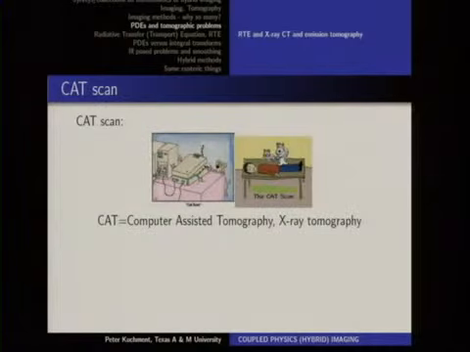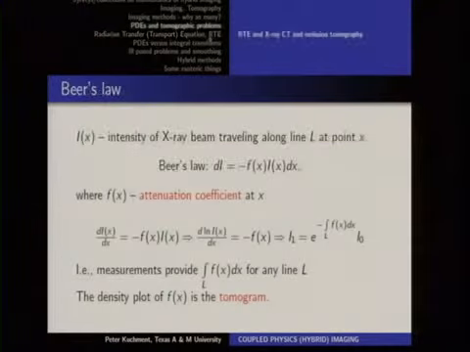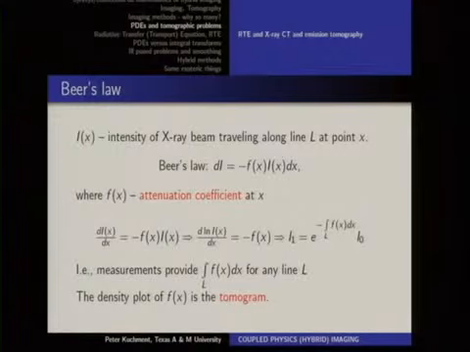I already went through CAT scan, so let me go to the last. So we finished figuring out that the X-ray tomography problem reduces to the following. You have an unknown function f of x on the plane or in the space, it doesn't matter. You can forget all machines, etc. Mathematically, the problem of X-ray CT boils down to the following.